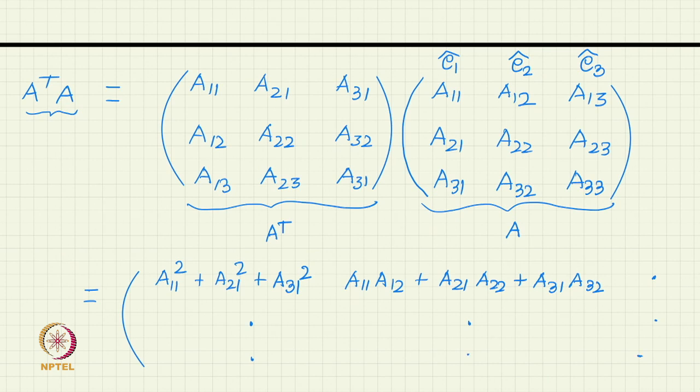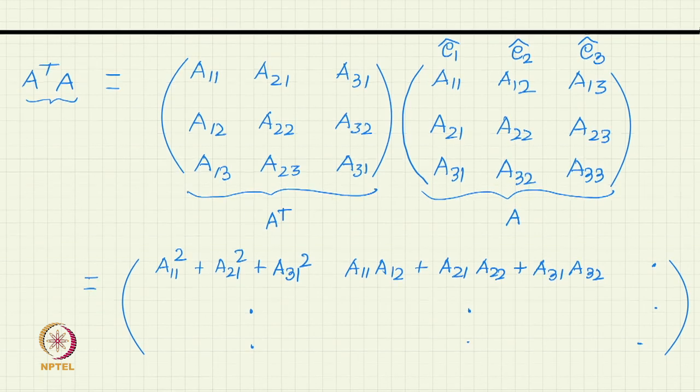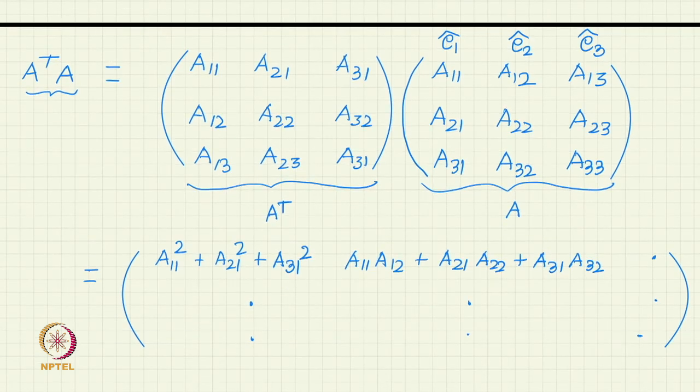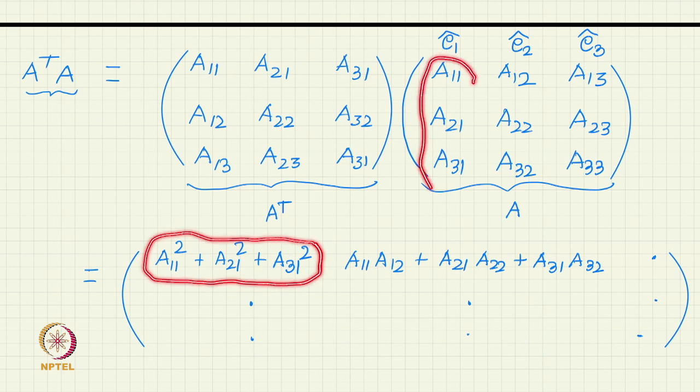Let us look at these products in a little more detail. What is this term A11 square plus A21 square plus A31 square? These are simply the sum of the squares of these three components.